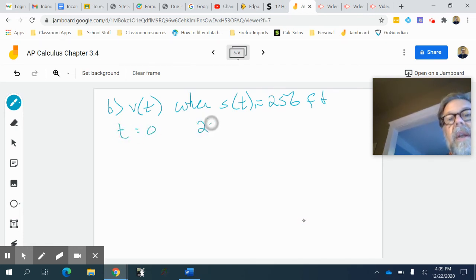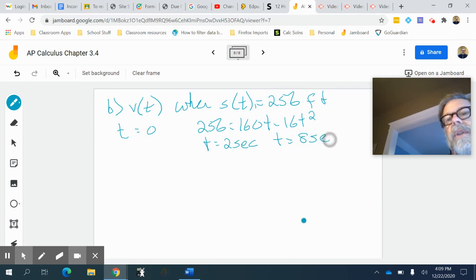So we'll set s of t equal to 256: 160t minus 16t squared. This is a quadratic, so I will quickly solve it. Of course, I've already done it in my notes, and I get t equals 2 seconds and t equals 8 seconds. I will assume you know how to solve a quadratic.